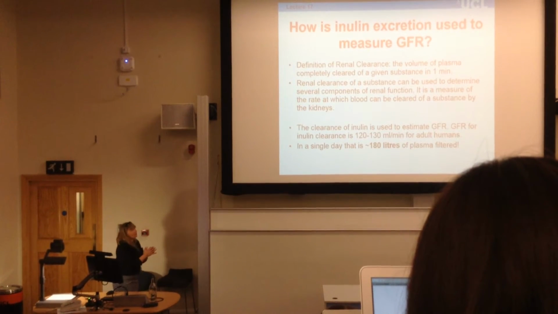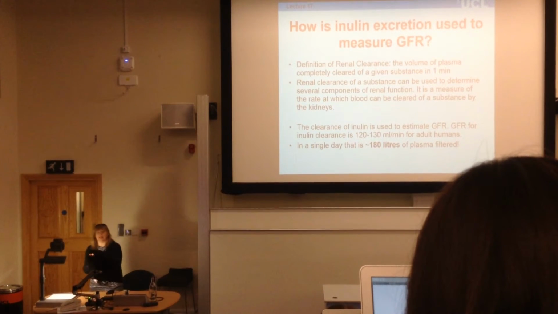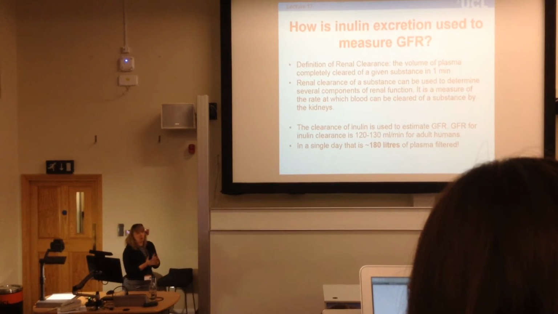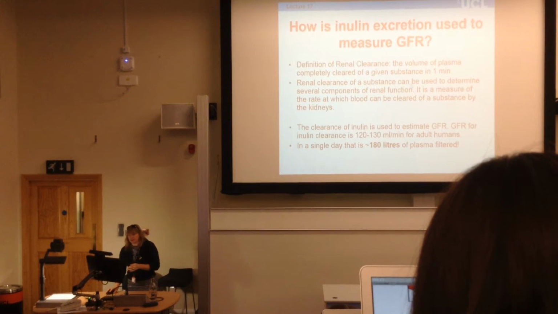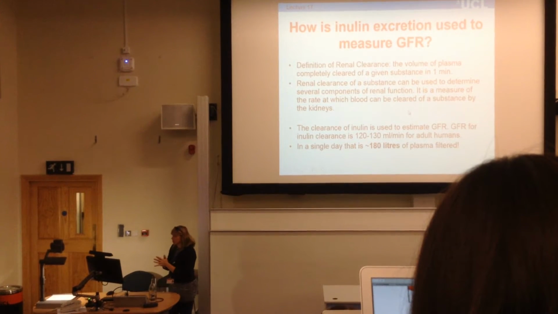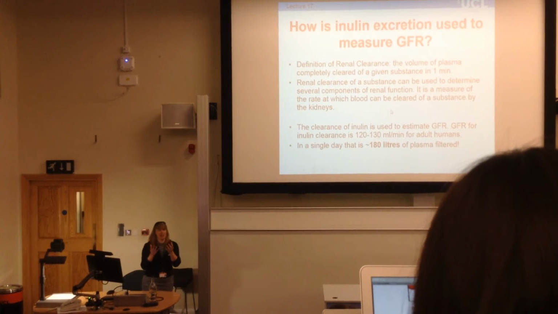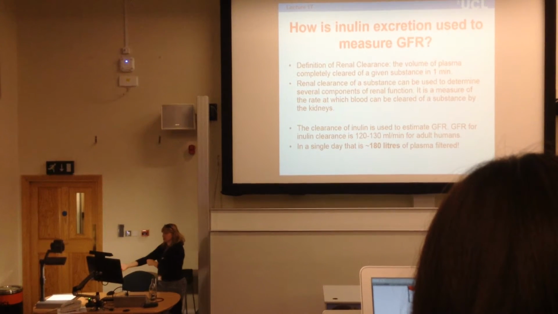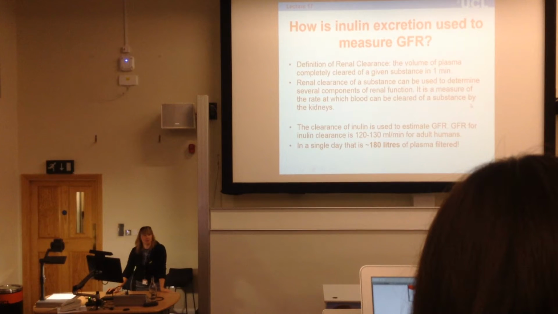So when we define renal clearance, it's the volume of plasma that's completely cleared of a given substance in 1 minute. Now, the clearance of a substance can be used to determine a number of different renal functions. And it is the overall measure. Remember, we were talking about glomerular filtration rate being the net product of both kidneys. So it's the rate at which the blood can be cleared of a substance by both the kidneys.